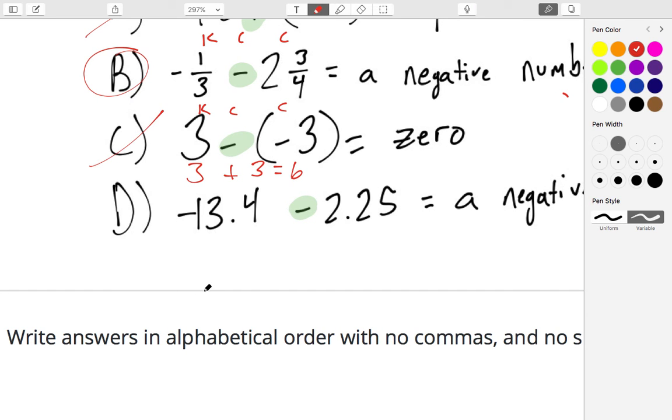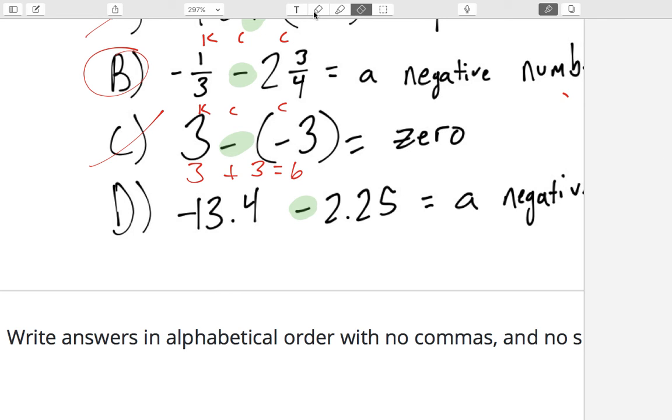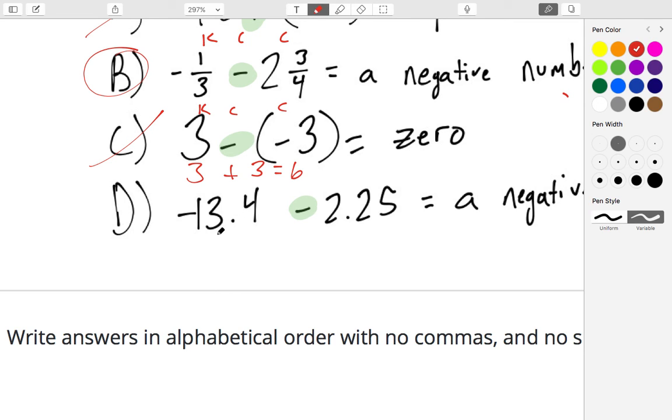Okay, last one. So we've got to do what? Maddie. Keep, change, or round. Okay, you can do both. Alright, let's first round. So negative 13.4 is negative 13. Minus 2.25 is negative 2.